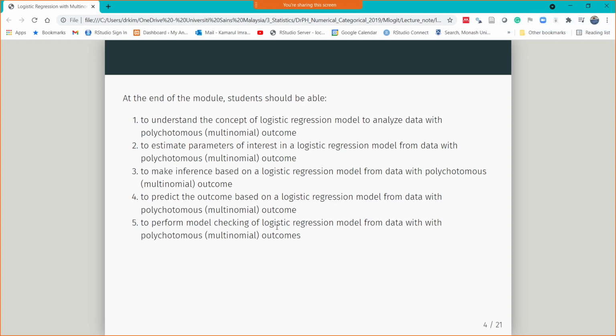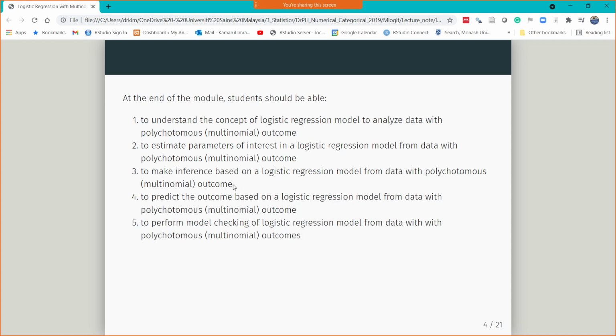Inference is a process of making inference on the population of interest, because estimation comes from your data, but inference is where you infer your result to the population of interest.